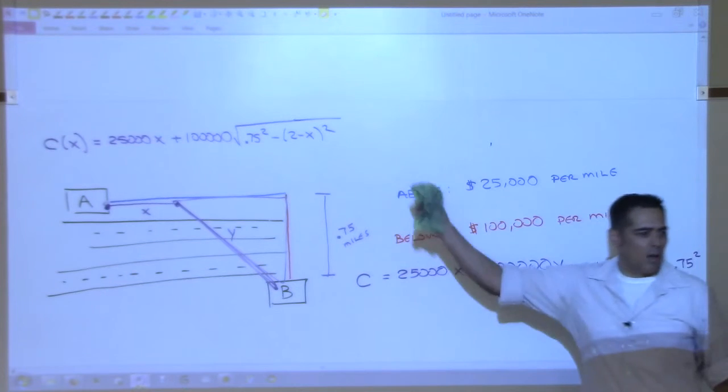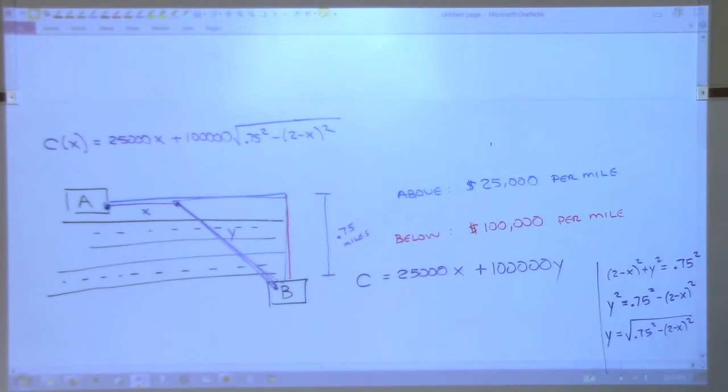There we go. That's our cost function. And we want to know its minimum value. Minimum, not maximum, right? Maximum if you really want to make some money. Minimum if you're trying to get the bid. So do we have a closed interval? Yes. What's our closed interval?